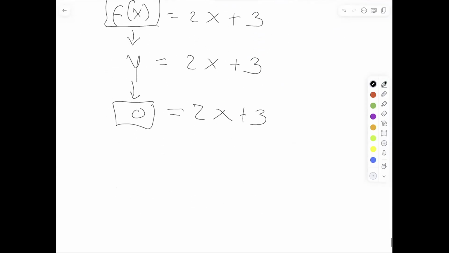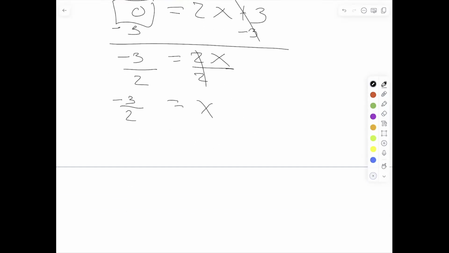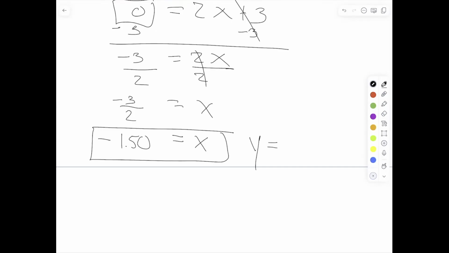So now I have to subtract 3 on both sides. I got negative 3 is equal to 2x. And I divide this by 2. And x is equal to negative 3 over 2. What is 3 divided by 2? Isn't that 1.50? So x is negative 1.50 when my y value is 0.